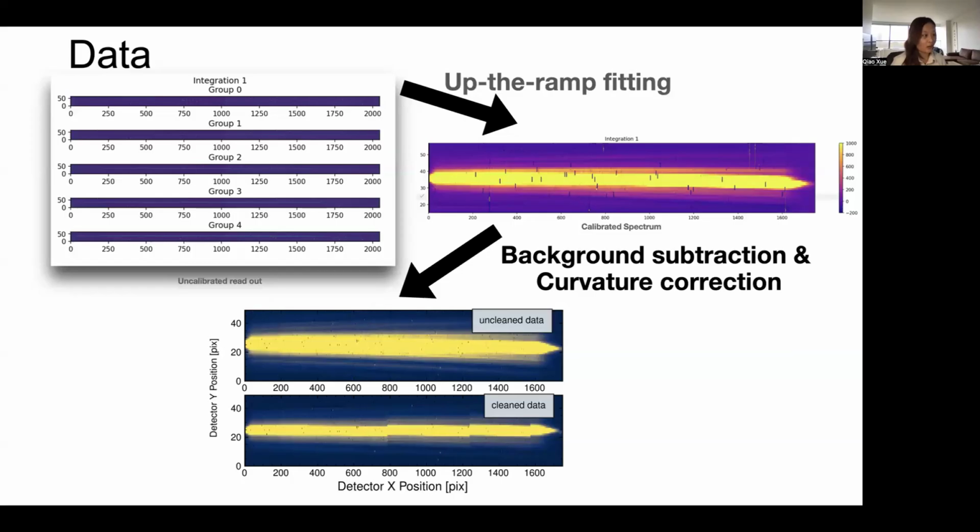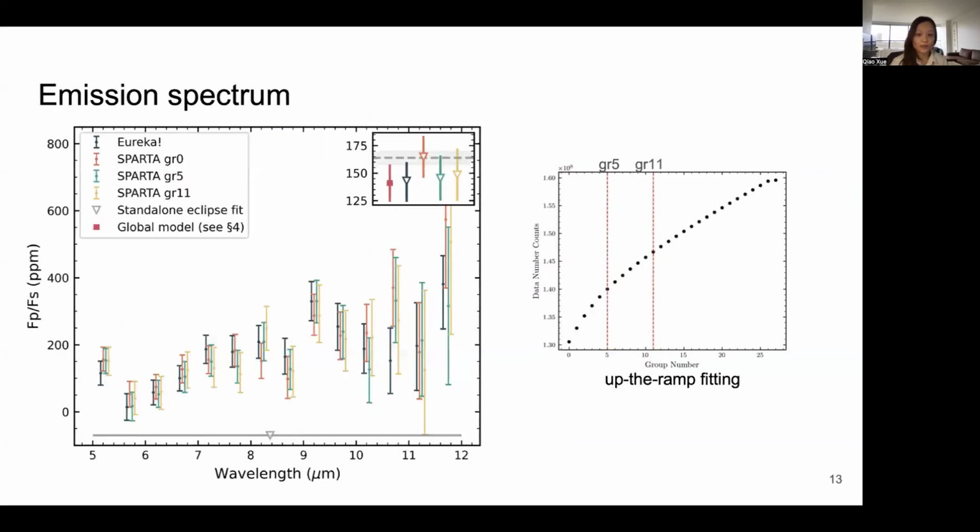However, in our raw data, in the plot that I show on the right, the x-axis is the group number, the sample in each exposure, and the y-axis is the data number counts, the electron counts. And we don't see that perfect linearity. Instead, we saw some curve here in the first 5 groups, in the first 5 samples.